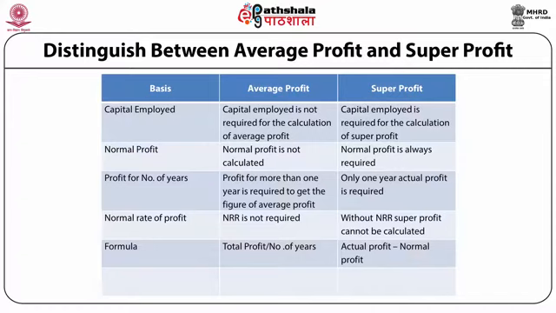So it shows that while calculating super profit, we need capital employed, normal profit, and normal rate of return, whereas all these three are not required for calculating average profit. Now, capitalization method. Under capitalization method, the goodwill may be calculated in two ways.